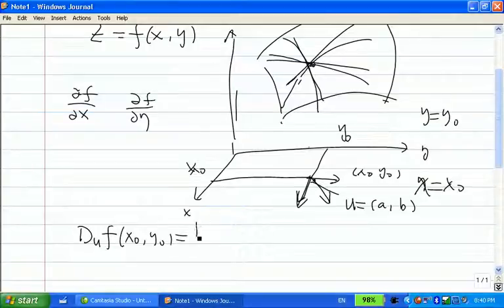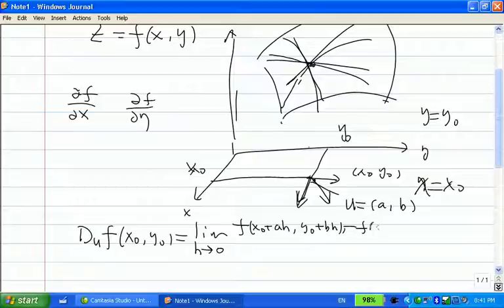The definition is the limit as h goes to 0 of f(x naught plus a times h, y naught plus b times h) minus f(x naught, y naught), over h. The point (x naught plus ah, y naught plus bh) will be on this line.